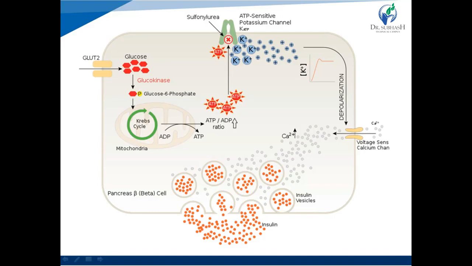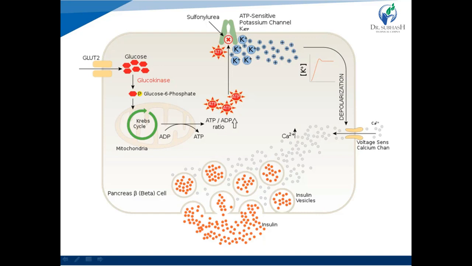Sulphonylurea acts via the ATP sensitive potassium channel. First, GLUT2, meaning glucose transporter 2, transports glucose from the plasma membrane of the liver, pancreas, intestine or kidney to this beta cell.